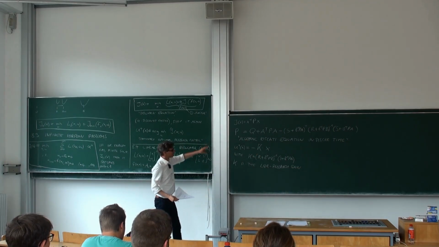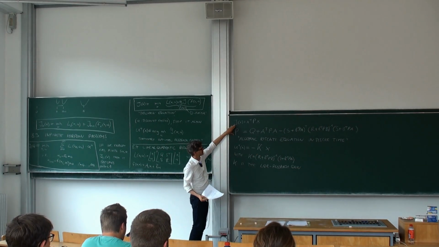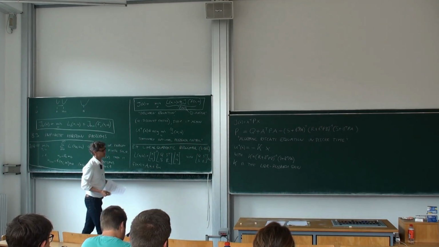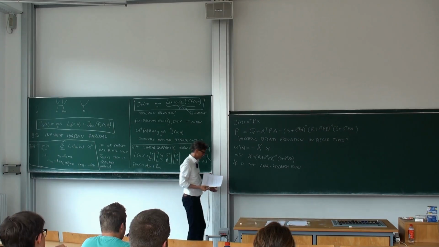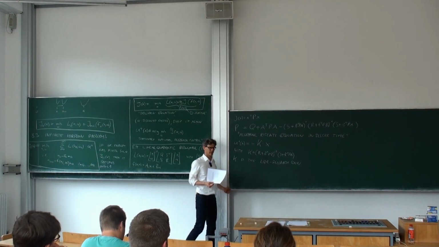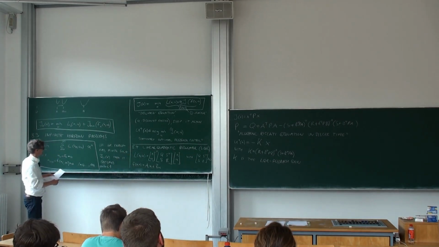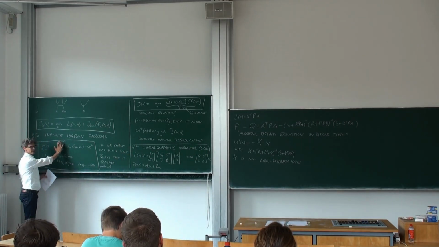Of course you could say this algebraic Riccati equation is a difficult thing to solve. How do I solve it? There are many different ways, but conceptually the easiest is probably to think what the solution would be for a finite horizon problem.